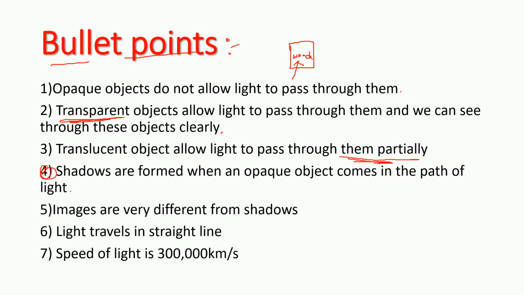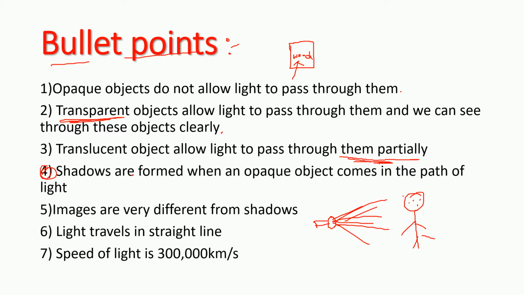The fourth point is a very important point. Shadows are formed when an opaque body comes in the path of light. Let us take an example: we have a torch light. When we switch it on, it transmits light. If a person is near it, as I said earlier, human beings are opaque bodies.